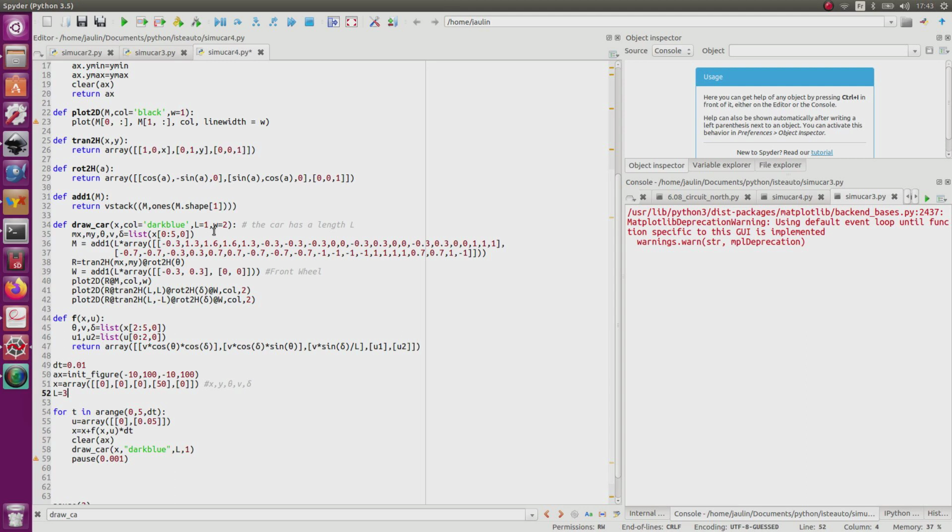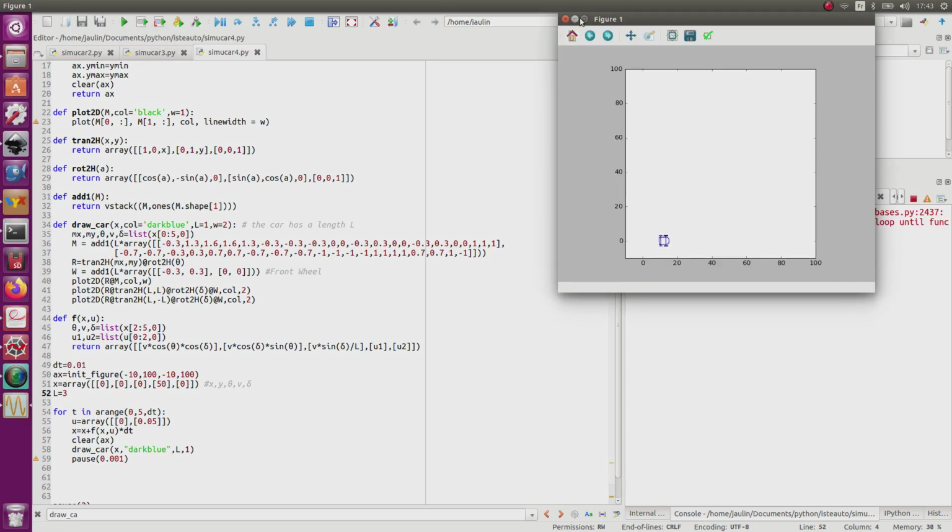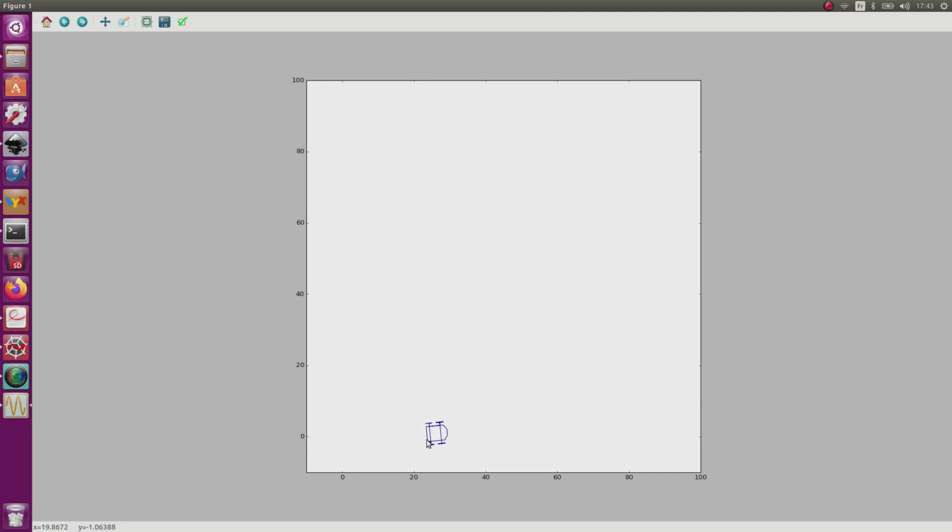This is the program. I run it. I see that I turn left and the angle of the front wheel turns more and more. It's difficult to see here because at the beginning they are almost straight, but I see here that the angle is increasing, and the more the car is turning left.